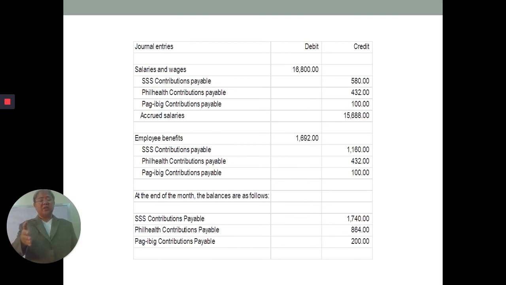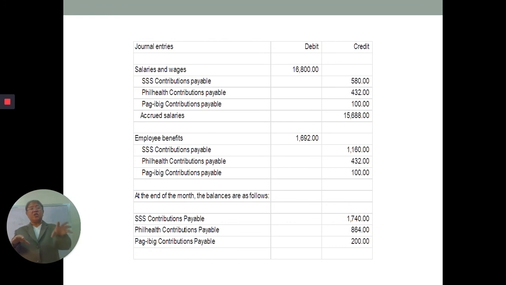So at the end of the month, if you combine the two payables, what you will have, you have SSS contributions payable for 1,740 pesos. PhilHealth, how much is that? 864. And then Pag-ibig contributions is 200 pesos. So what are we going to do with those amounts? Remember, that's already the combination of the employee and the employer share.